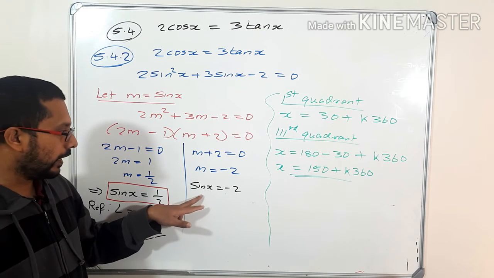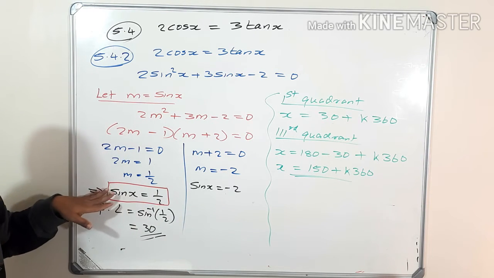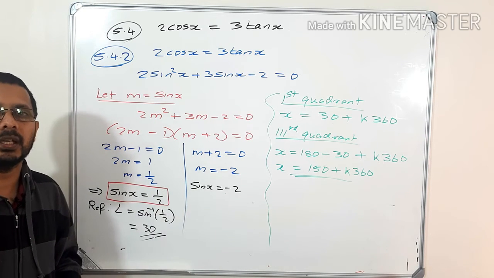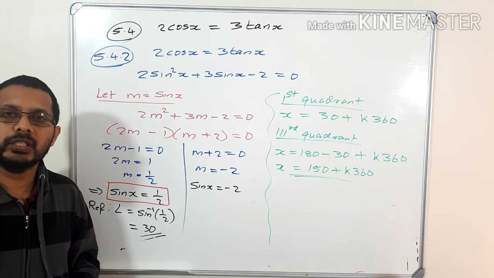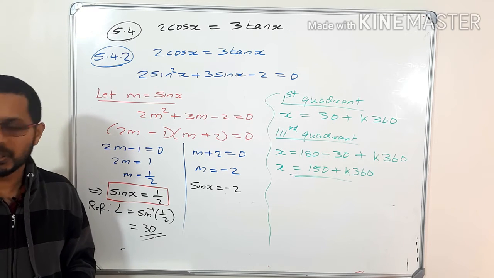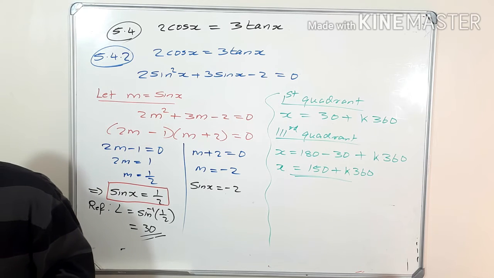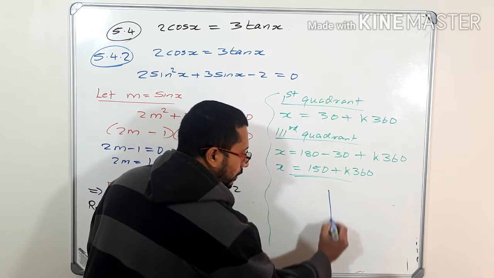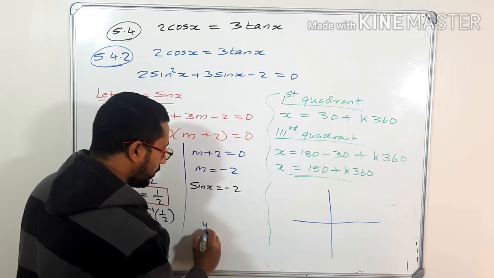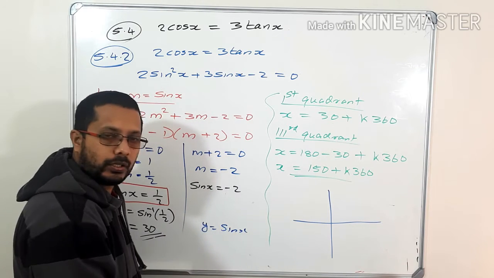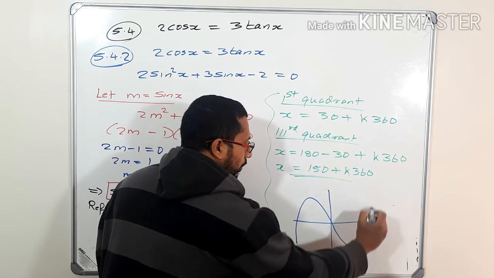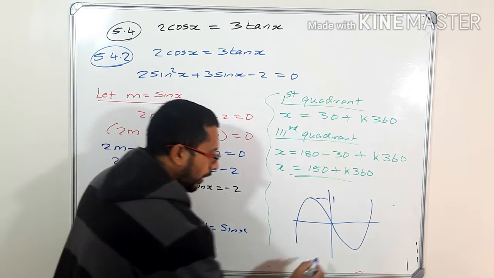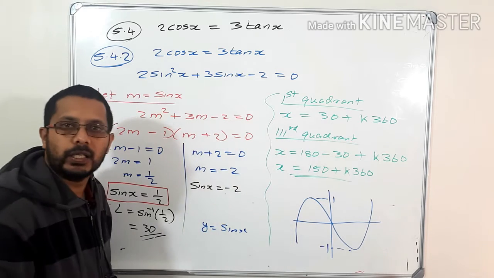Now look at this one. We are done with sin x is equal to half. Now sin x is equal to minus 2. What can we do here? Sin x is negative 2. If I try to draw a rough graph of y is equal to sin x, we can see that the maximum value of sin is 1 and the minimum value of sin is minus 1.